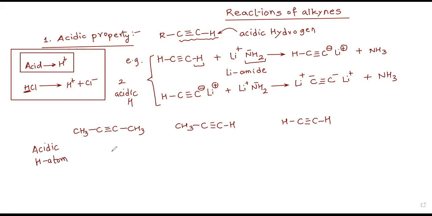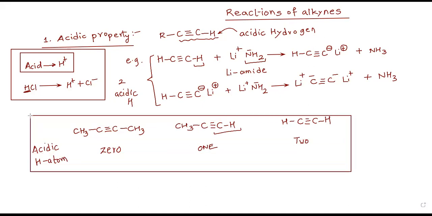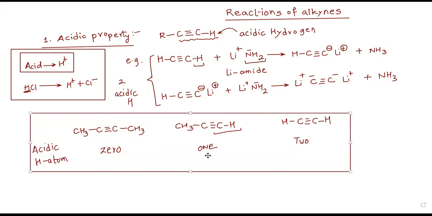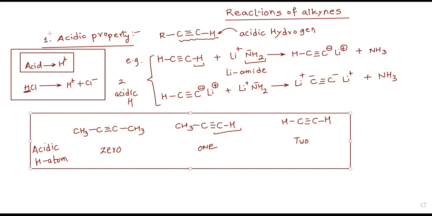So here there is no acidic hydrogen. What is the condition? Triple bonded carbon should be connected to hydrogen. So there is no such. Here I can see there is one, and here you can see there are two. So you can get MCQs of this particular pattern where you need to find out the number of acidic hydrogen atoms. This is a very short and simple answer.